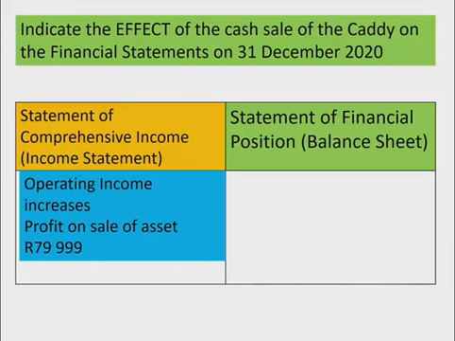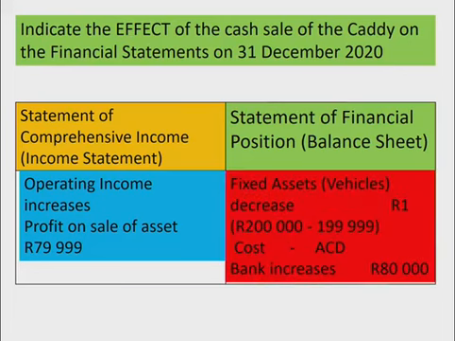Okay. Then, if we're looking at the statement of financial position, right, here we'll be losing a vehicle, which means our fixed assets, that will be in note number 3, our fixed asset note. We will be losing a fixed asset, and the carrying value of that fixed asset is 1 rand. But my bank will increase by 80,000 because we sold it for 80,000 rand cash.